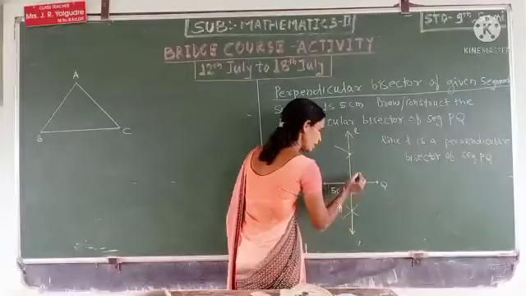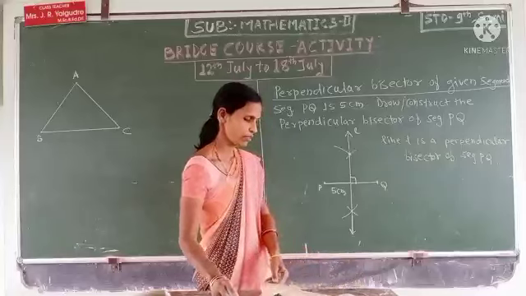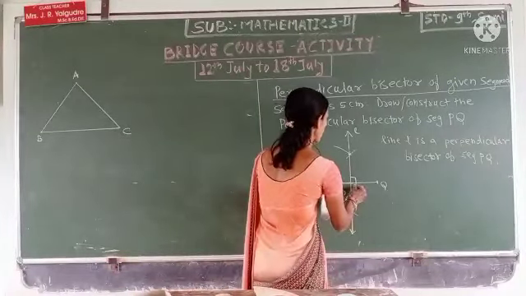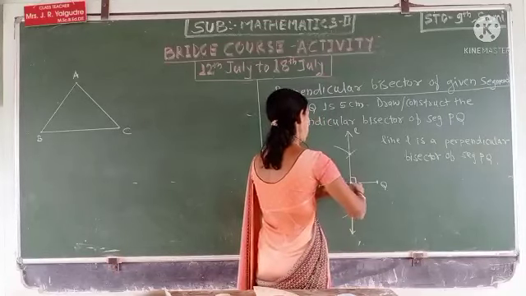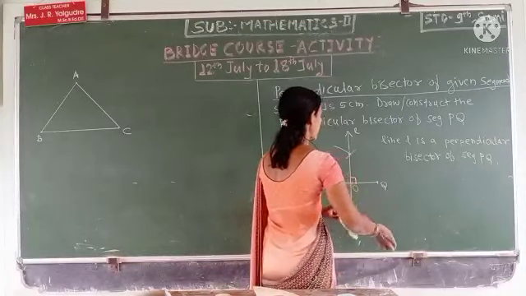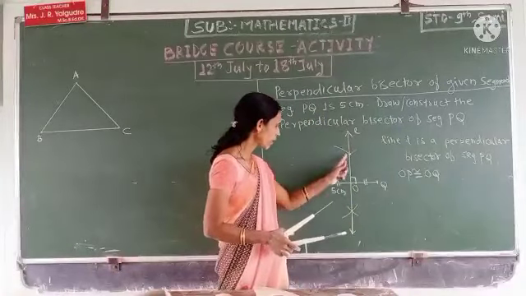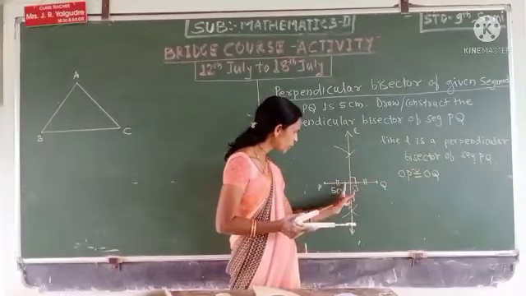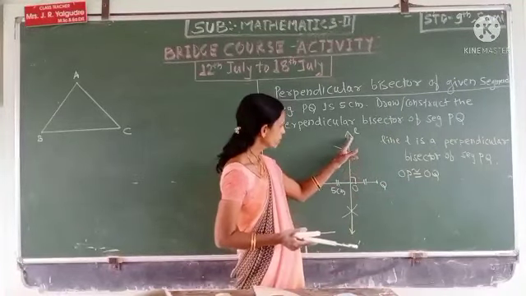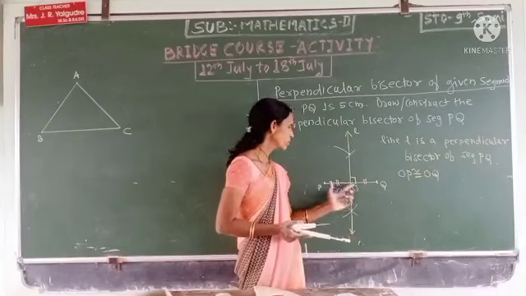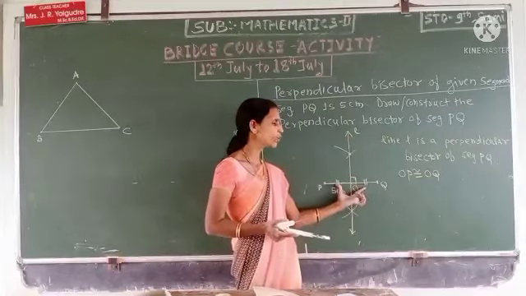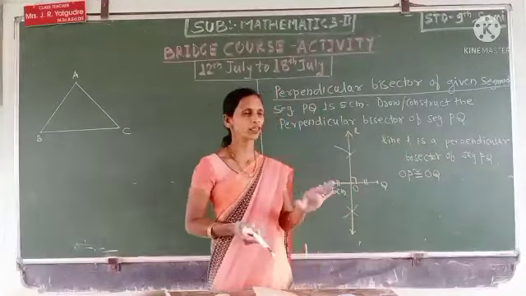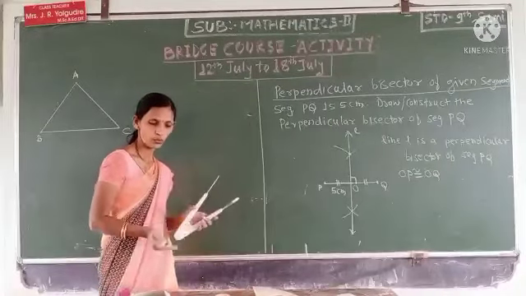Using a ruler we can find the distance. Suppose here point O, OP and OQ distances are equal. That line bisects PQ into two equal parts. Therefore, it is perpendicular to PQ, as well as it divides the line segment PQ into two equal parts. Therefore, line L is a perpendicular bisector of segment PQ.